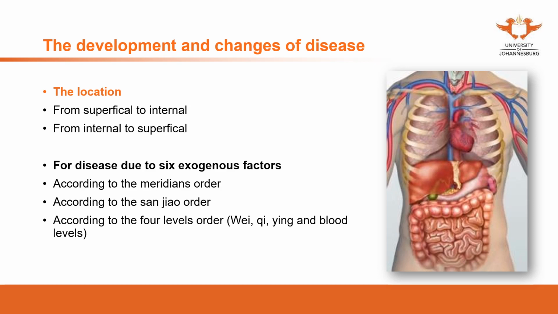That's why we feel mild fever, aversion to cold or aversion to heat. That's the feeling in the superficial area of your body. And then after a few days, the patient may have diarrhea and poor appetite. These are the symptoms of spleen dysfunction.